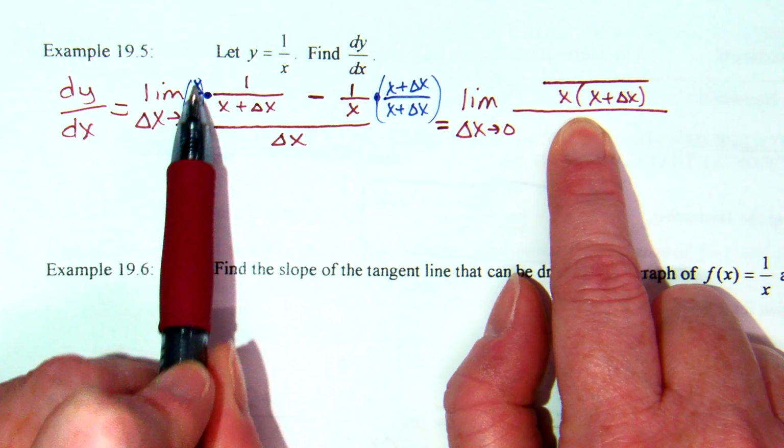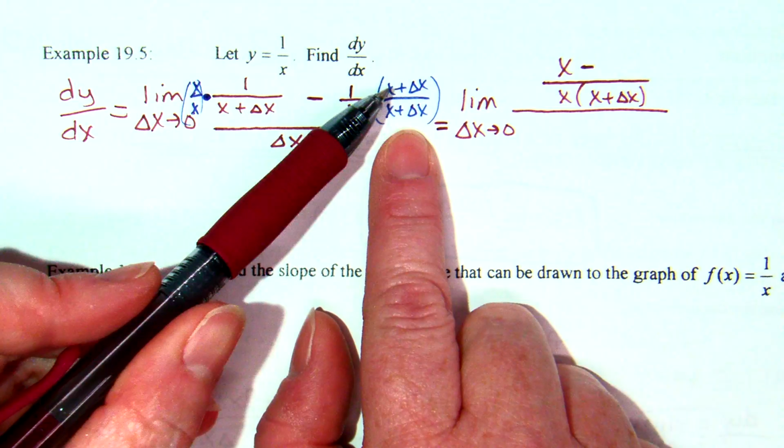What happens on the first fraction? We multiply top and bottom by x. On top, x times 1 is x. Minus. On the second fraction, we have 1 on top. We're multiplying by x plus delta x. So what are we going to have over here?